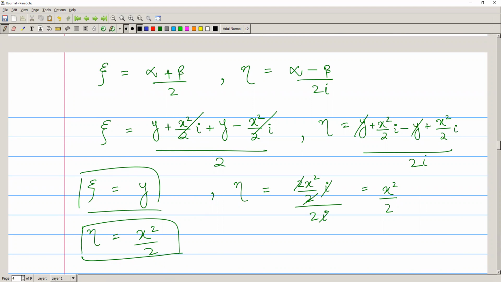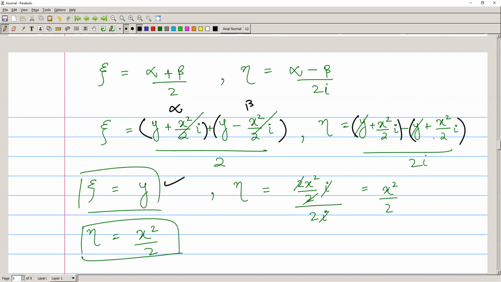So psi is y plus x squared over 2 iota plus y minus x squared over 2 iota, divided by 2. This is alpha and this is beta. When we add both equations, the x squared over 2 iota and negative x squared over 2 iota cancel out. We are left with 2y over 2, which becomes y. Now for eta, when we subtract these equations, y and y cancel out.